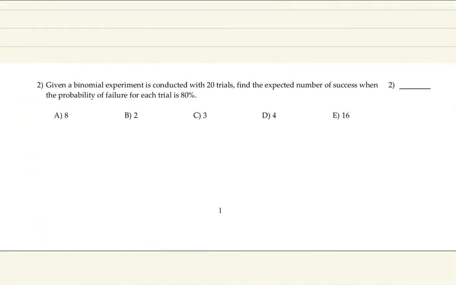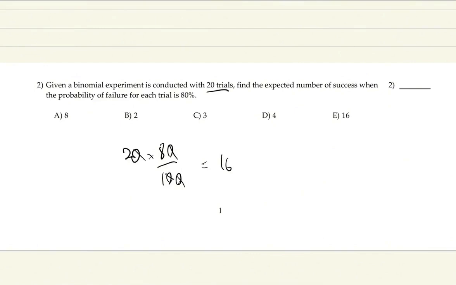Given a binomial experiment conducted with 20 trials, find the expected number of successes when the probability of failure for each trial is 80%. This one is kind of simple. We have 20 trials and the probability of failure is 80, so 20 times 80 divided by 100 is 16.